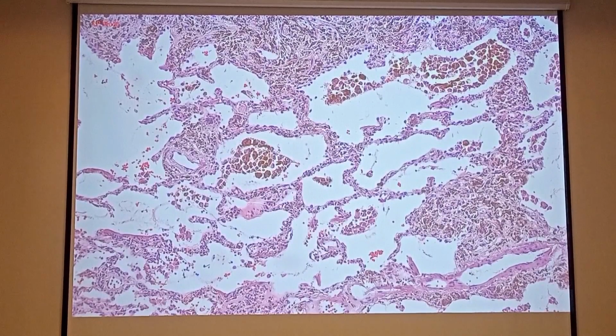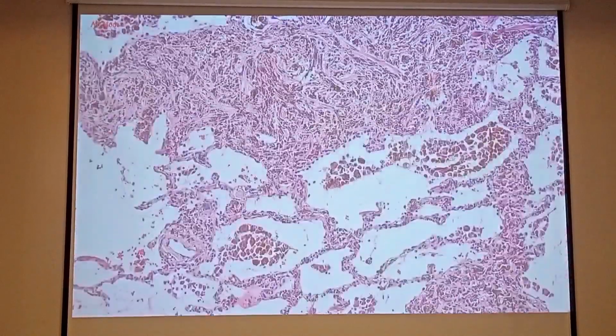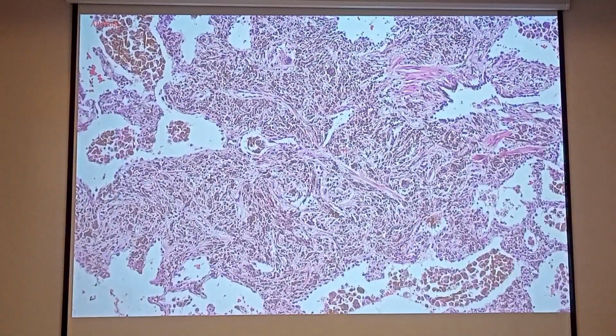Now that can also cause dysfunction of the tissue. What is more is that it's got this consolidation right here. So you can no longer appreciate the air spaces.